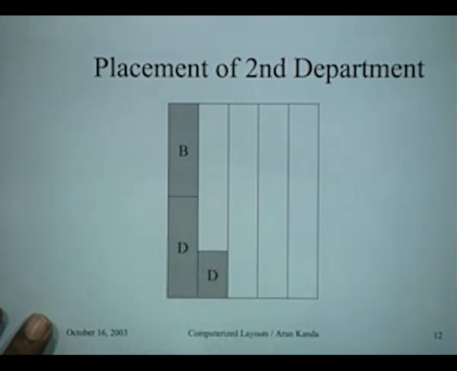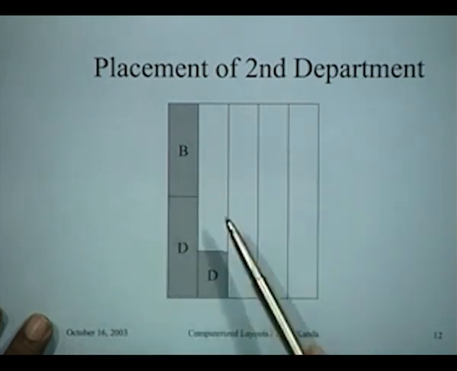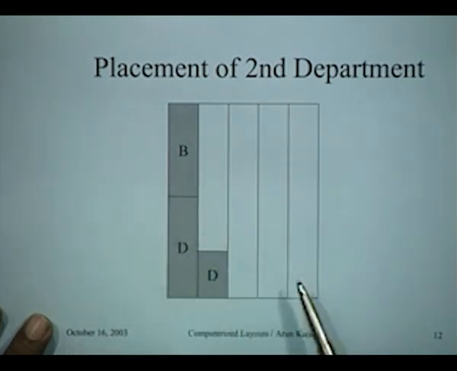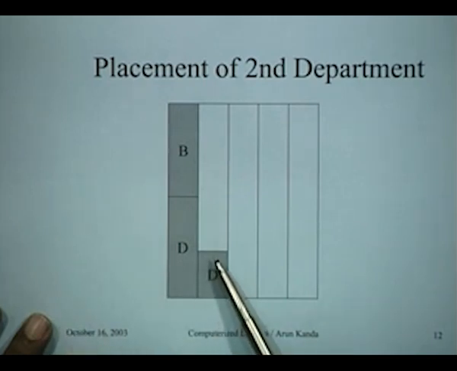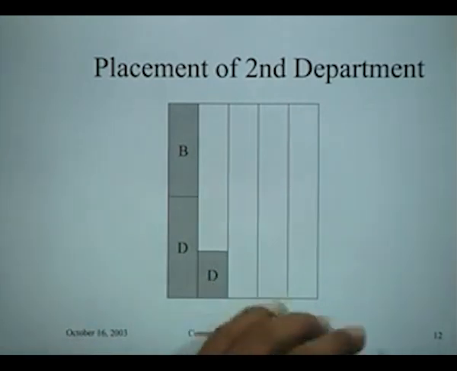So at this stage we have placed 2 departments, B and D, and we are now looking forward to placing the third department. As far as the third department is concerned, we would again scan the REL chart and try to find if there is a department which is friendly with D, depending upon the minimum department preference.